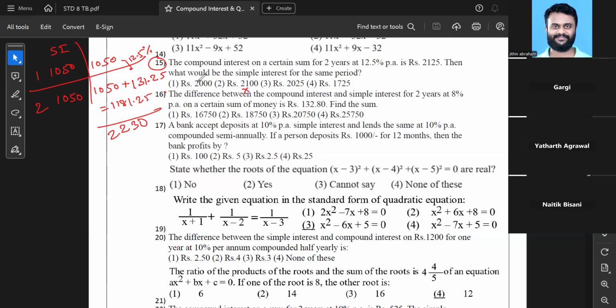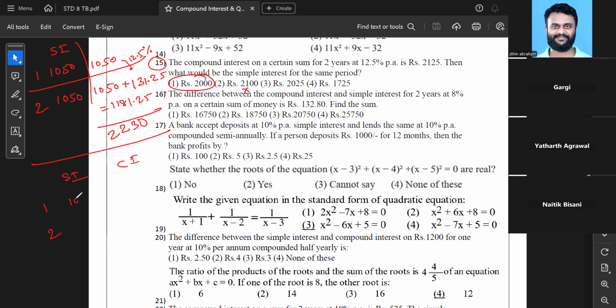Now I'll consider 2000 for the next one, and then I'll compare whether my answer is coming same, greater or lesser. Accordingly, I can decide which one is the correct answer. This is not working out, so let me consider 2000 now. Simple interest, compound interest. First year, second year.